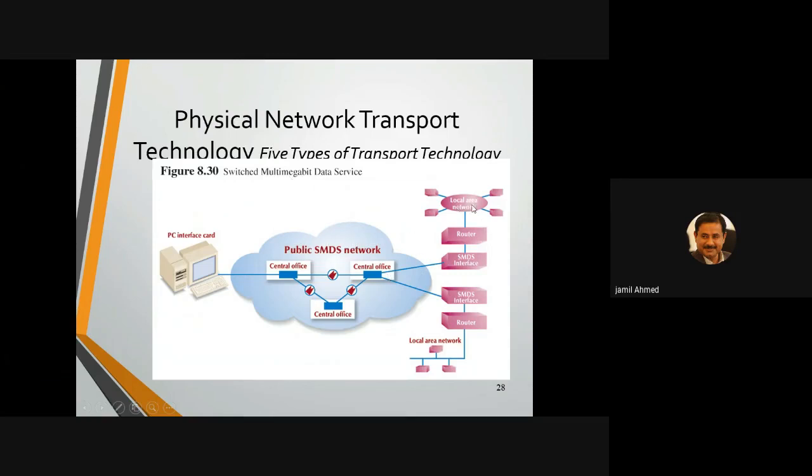The main purpose is a local area network, and we have another local area network, but it works centrally. A router is there, and these interfaces work from here to here and from here to here. So both networks can be connected at any part of the world. So this is the basic mechanism.